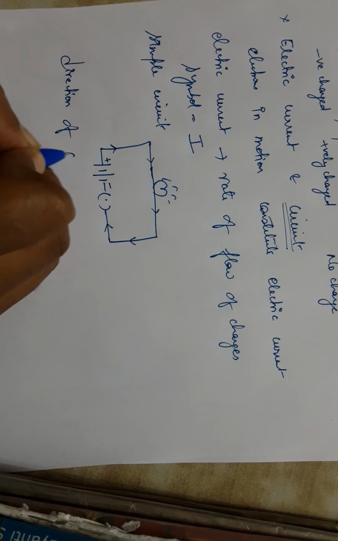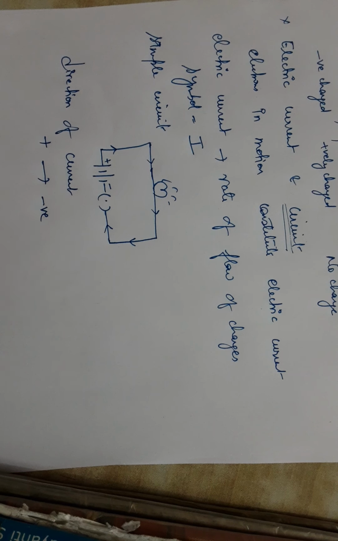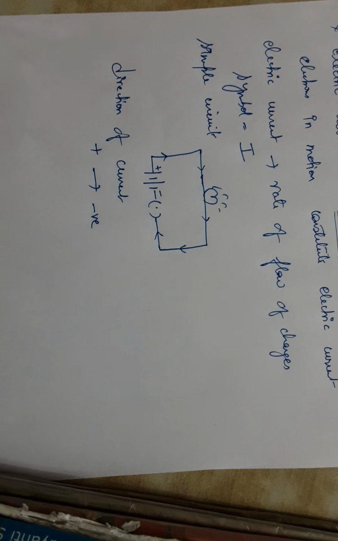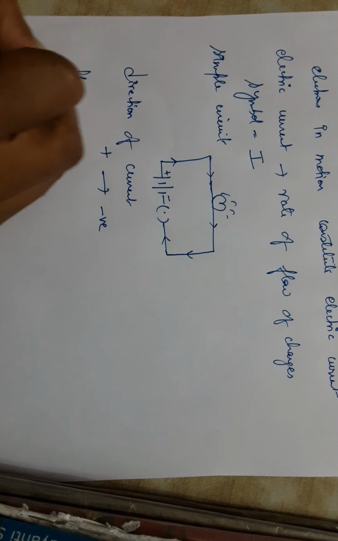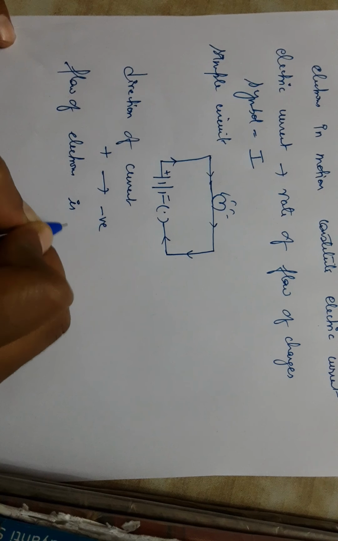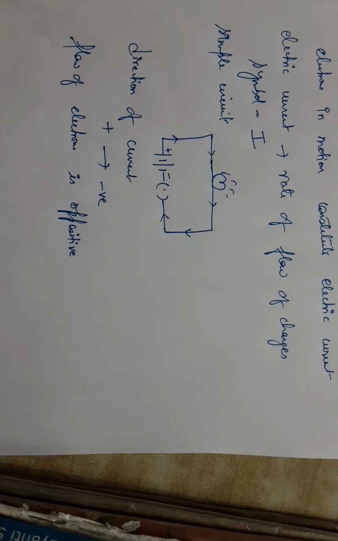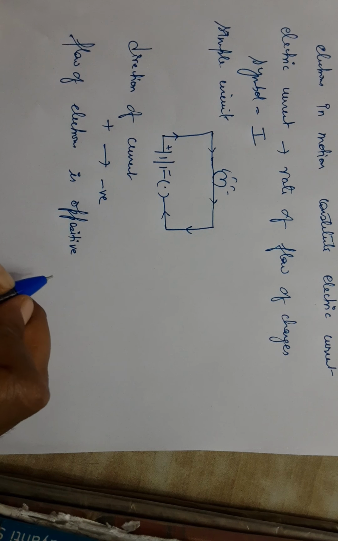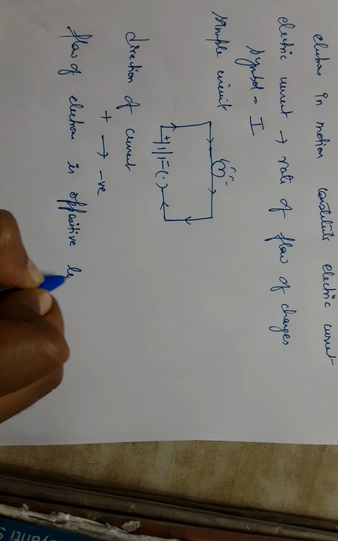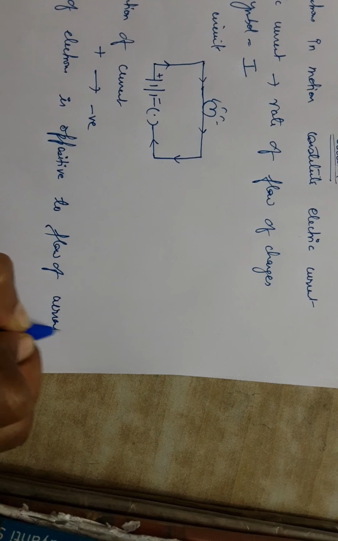Direction of current is taken to be from positive terminal to negative terminal of the battery, and the flow of electrons is opposite to the flow of electric current, that is they flow from negative terminal to positive terminal of the battery, opposite to flow of current.